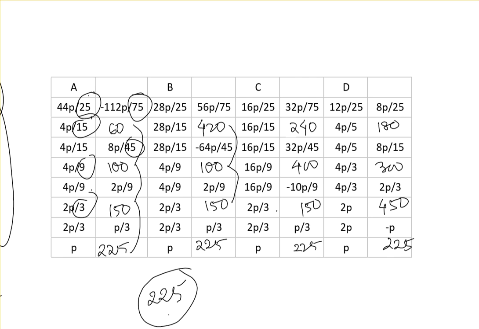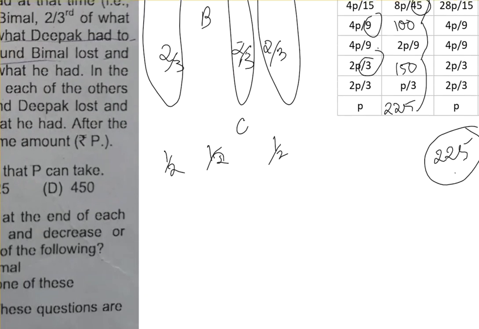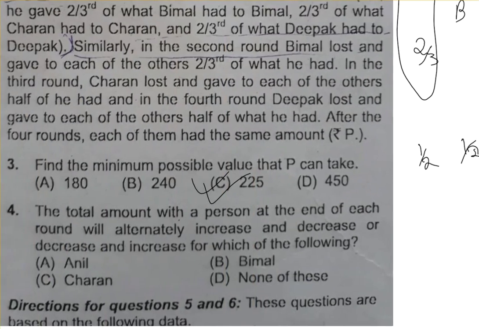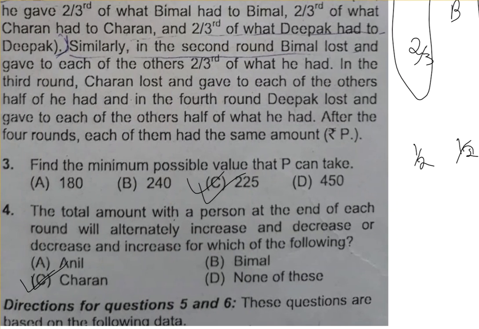Decrease, increase, increase. So again not the case. Increase, decrease, increase. Okay, so C is one of them. Increase, increase, decrease. So this is also not the case. Only C is such a person. Okay, Charan is our answer.